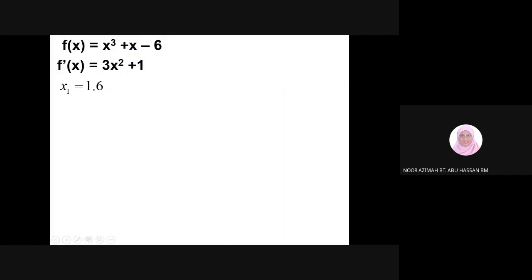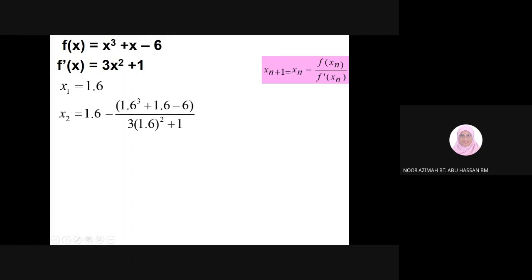Okay, so here starting from 1.6, so you kena masukkan dalam calculator untuk calculate the answer kan. So apa yang kita nak masukkan dalam calculator, displaynya kita nak end up having this. X minus double bracket. Okay, double bracket sebab bracket yang pertama untuk keseluruhan fx over f prime. Bracket yang kedua untuk fx.